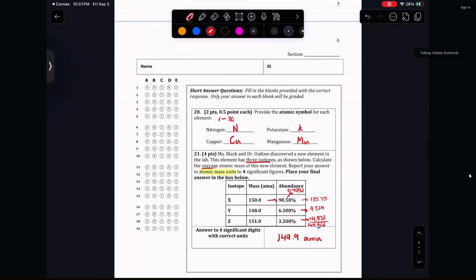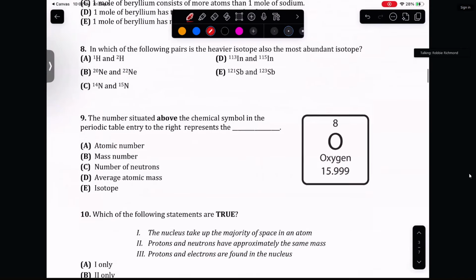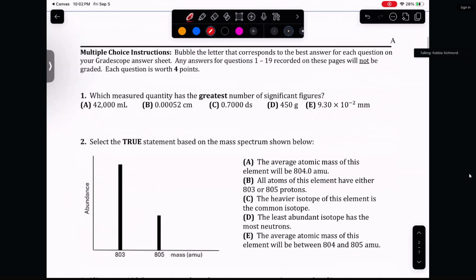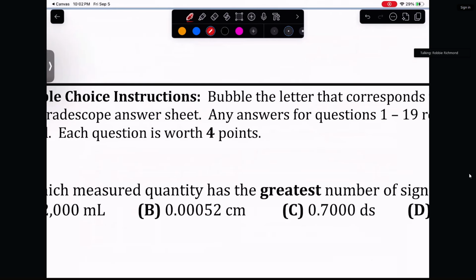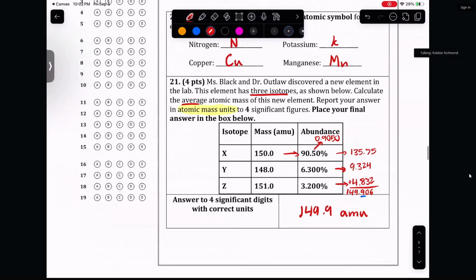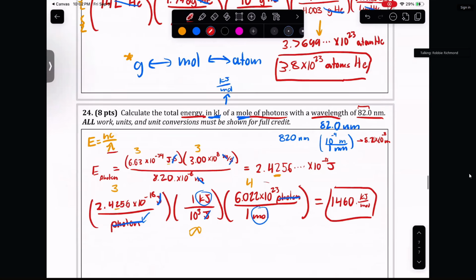Cool. Now we spent the bulk of our time doing those free response questions, and all we have left is multiple choice, which is less weighted. I want to emphasize this is less weighted than all these questions down here. 4 points, 2 points, 10 points, 8 points.